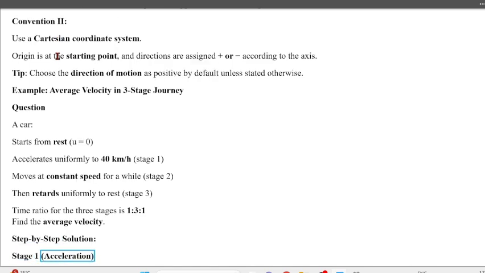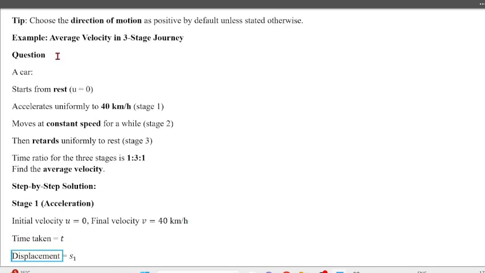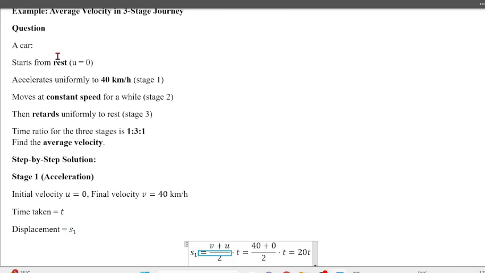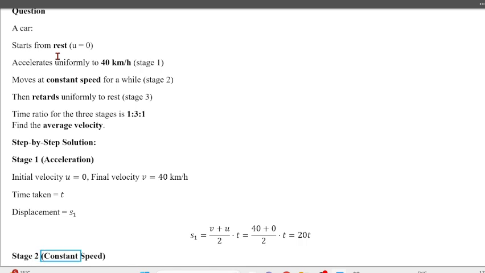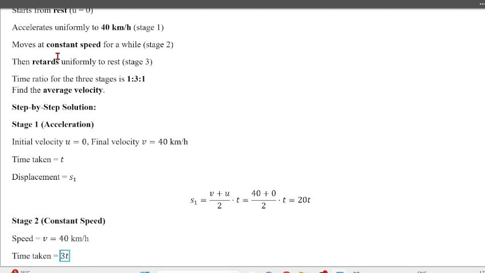Stage 1: acceleration. Initial velocity u equals 0, final velocity v equals 40 km per hour. Time taken is equal to t. Displacement is equal to s1. s1 equals (v plus u) over 2 times t, equals (40 plus 0) over 2 times t, equals 20t. Stage 2: constant speed. Speed is equal to v equals 40 km per hour. Time taken is equal to 3t.